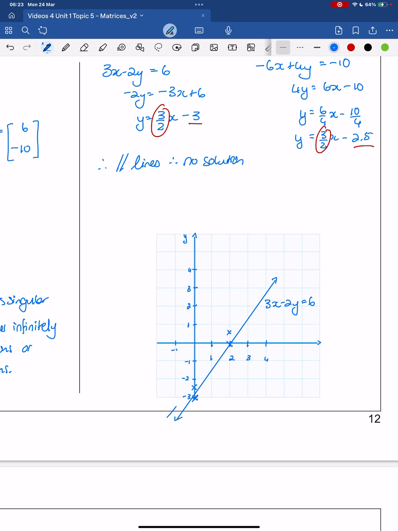There's my second line. Hopefully I can get it to go through. No, I can't. Sometimes Apple jumps for me. That's not too bad. And there's my second line there, and that one was -6x plus 4y equals -10.